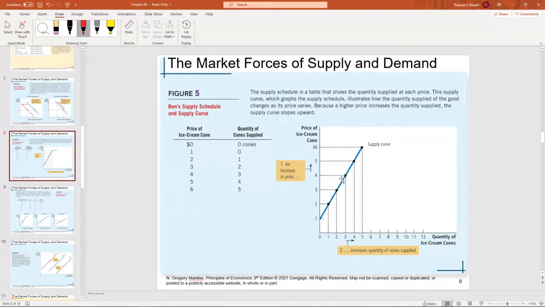Price goes down, it's less. Down, it's 2. Down, it's 1. And at 0, they're going to give you 1 ice cream cone, period. They won't do that very long. Just like we saw with the demand curve, they had a schedule of pricing and quantity. It's the same thing here.